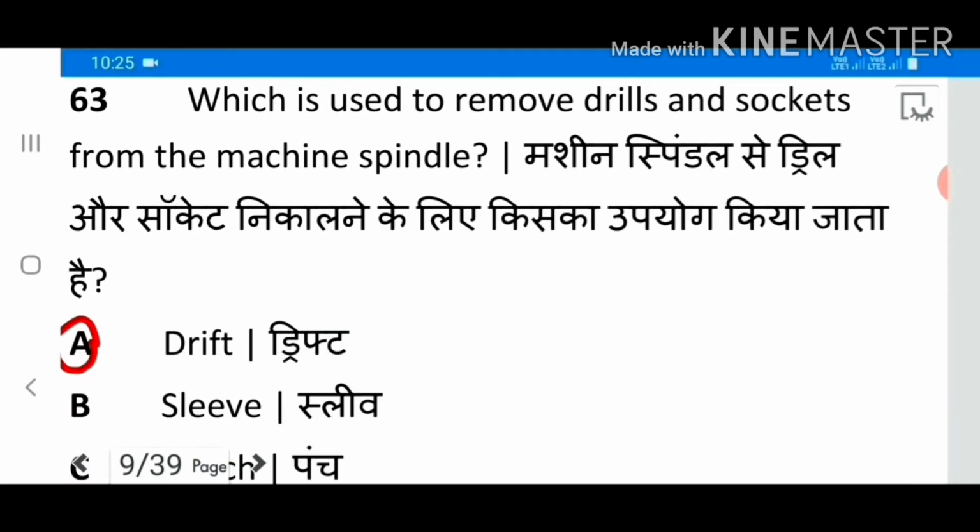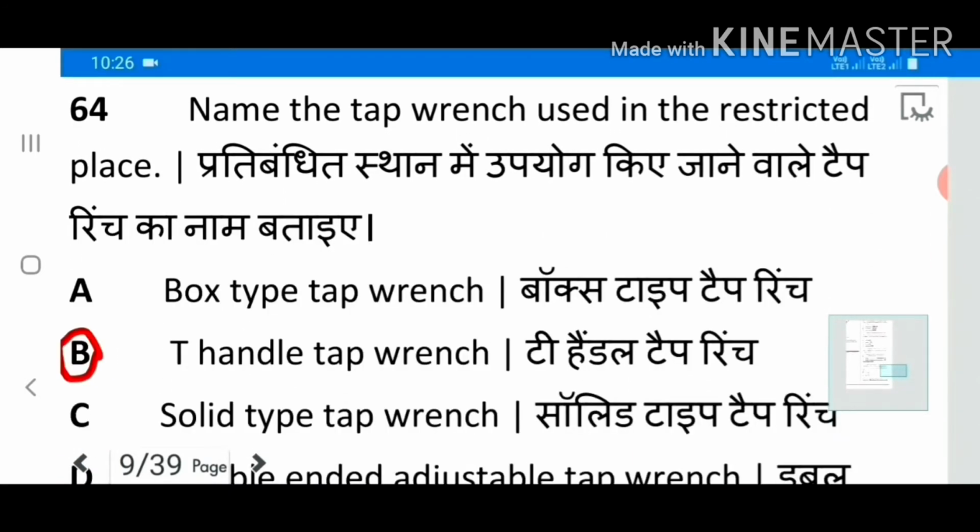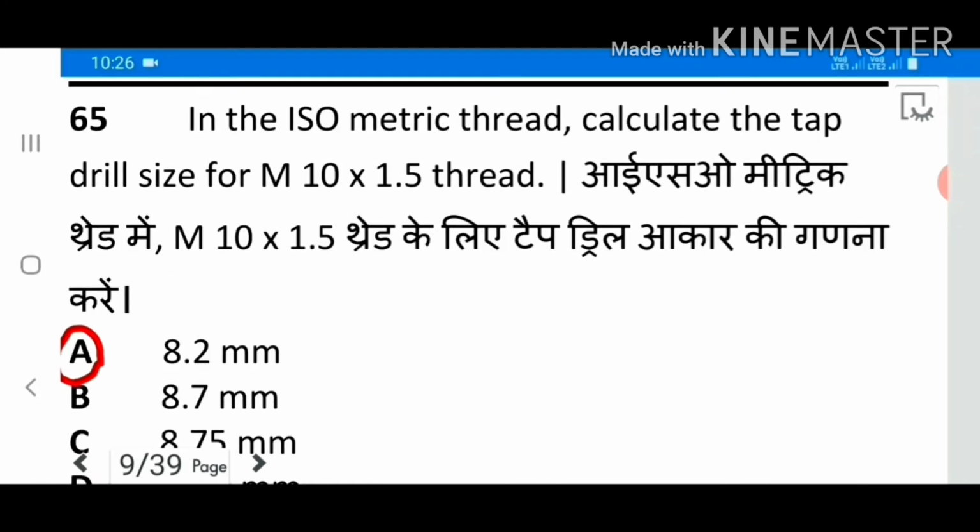63. Which is used to remove drills and sockets from the machine spindle? Answer A. Drift. 64. Name the tap wrench used in the restricted place. Answer B. T-handle. 65.